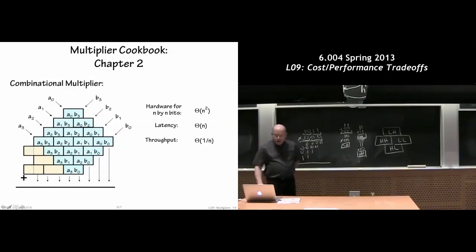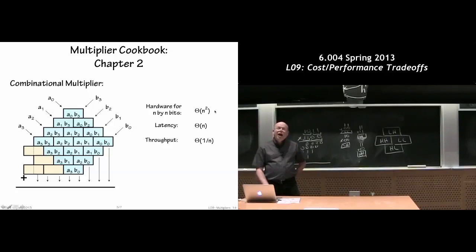If we're going to use this hardware structure, and now we've been pretty specific, it still takes about n squared pieces of hardware. The hardware cost is about n squared because I have n squared building blocks, n squared of each of these little guys.